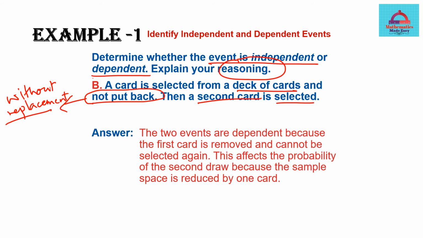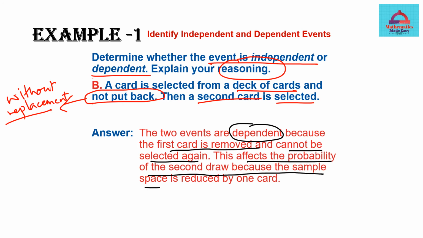Once you remove the first card, you cannot select that same card again. So the probability for the second draw would be affected and the sample space is reduced by one card. You also saw the same thing when you were not replacing the marble or the ball back into the probability jar.